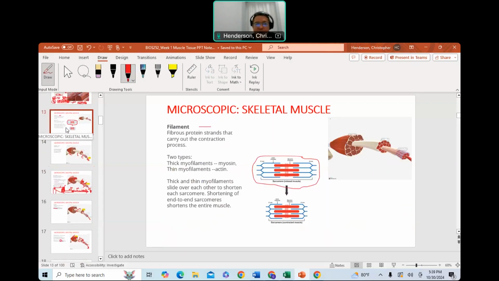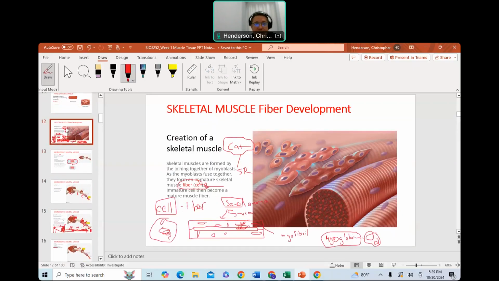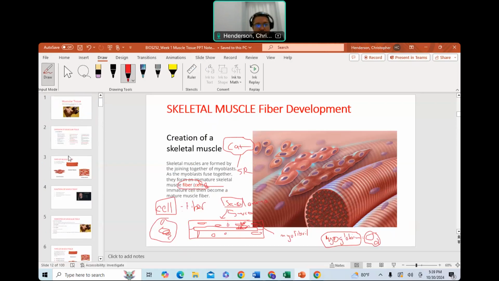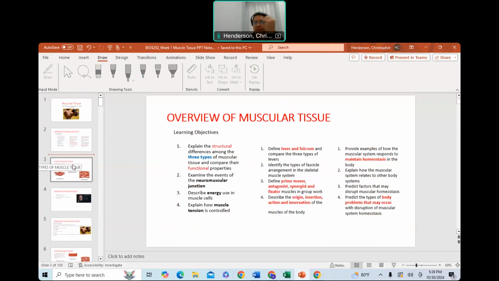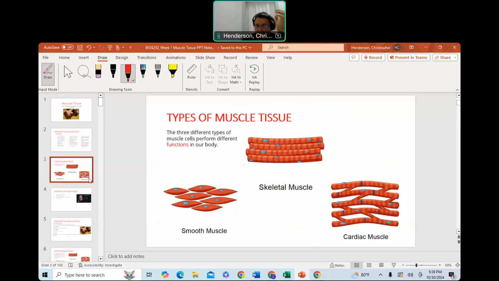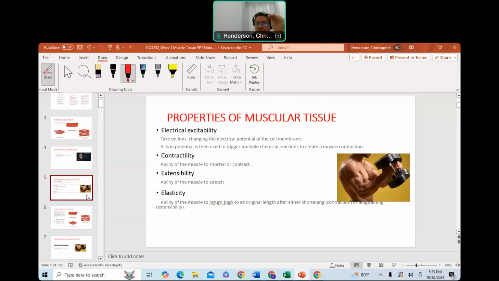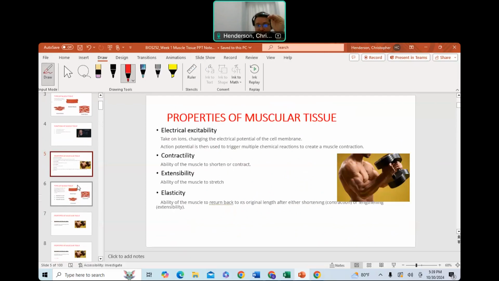Okay, and that's it. So what should we be able to do? You should be able to tell me, one, all of this, let's go back. So be able to tell me the difference between skeletal, cardiac, and smooth in the little chart. Be able to tell me the functions of muscular tissue. Be able to tell me the properties of muscular tissue.